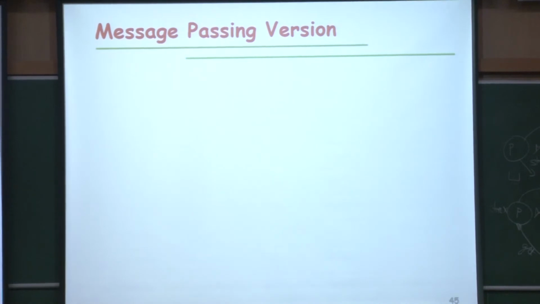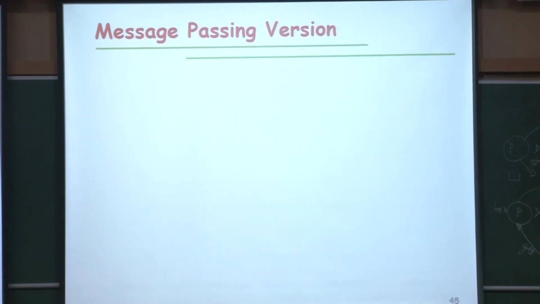In the message passing version, when I talk about this n by n grid, I cannot think of it as shared data. Why? Because there is no provision for shared data. It is a distributed memory program. So, first of all, I have to think in terms of my blocks of rows as individual private arrays in each of these processes, and they operate on that.